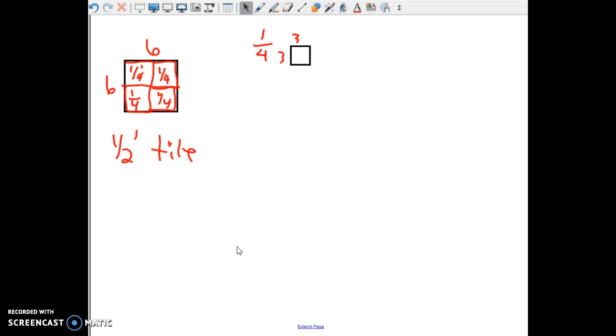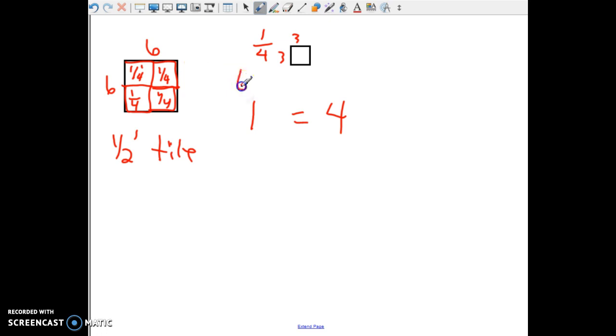One of these is going to equal 4 of those, and we want to know how many of this tile it's going to take. For every one 6-inch tile, how many 3-inch tiles? 1 6-inch tile is equal to 4 3-inch tiles.